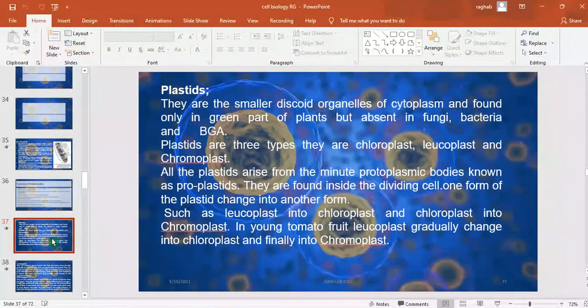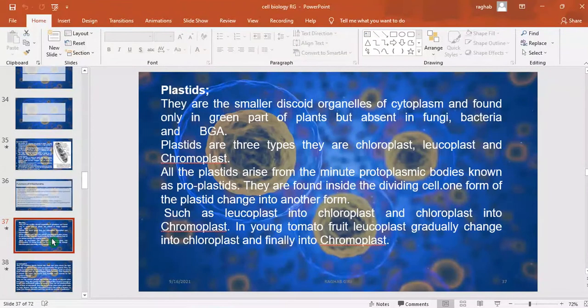Am I right or wrong? No, sir. Because plastids are not found in animal cells. They are found in plant cells. The types of plastids are chloroplast and chromoplast. Simply, they arise from minute protoplasmic bodies known as proplastid or eoplast.